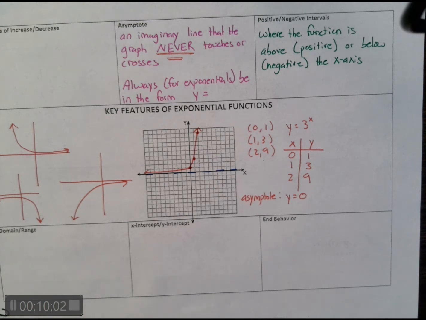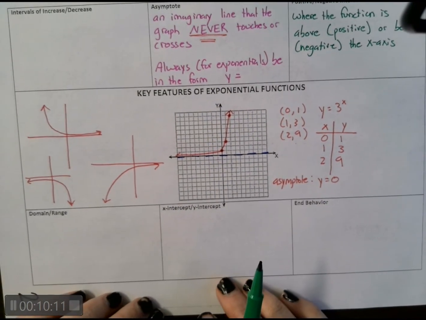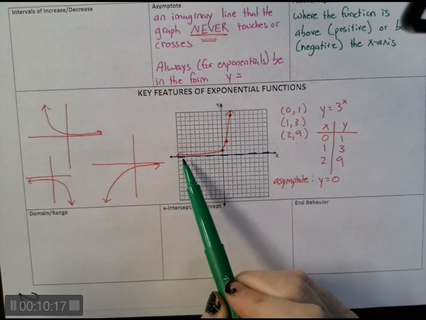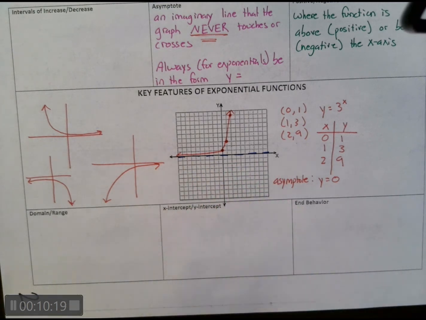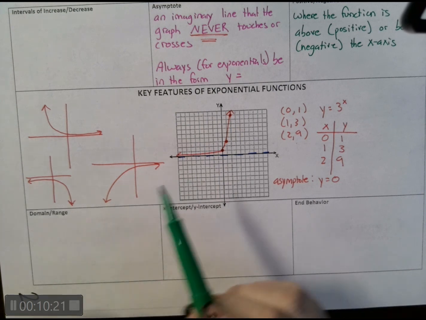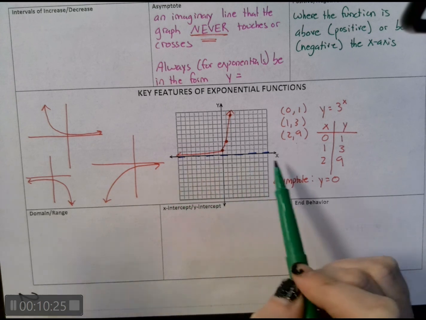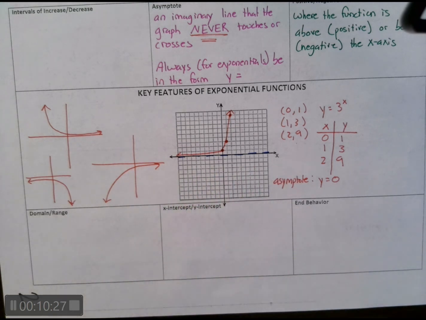Okay? Alrighty. So we're not going to talk about end behavior today. We'll talk about that a little bit later. We are, however, going to talk about our x and our y-intercept. So if you remember, our x-intercept is where it crosses our x-axis. But if we have an asymptote at x equals 0, are we ever going to get an x-intercept?